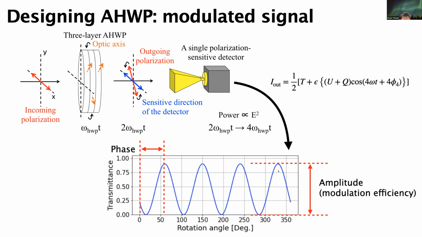Then the amplitude of the modulated signal is the modulation efficiency, and there is also the phase of the modulated signal at each frequency. This is only for one frequency of the rotational signal.